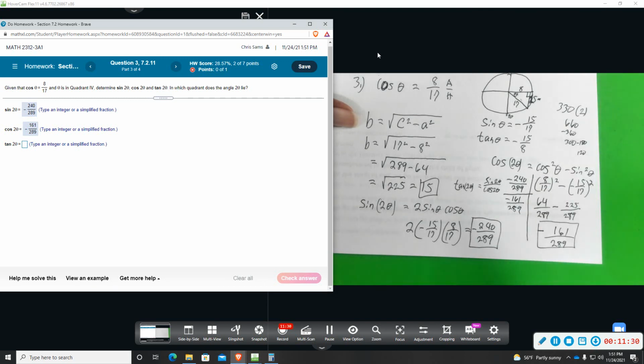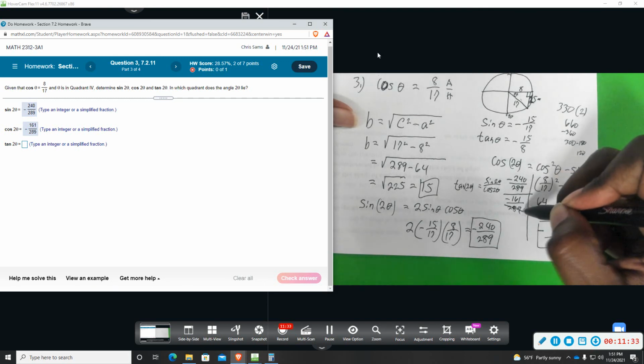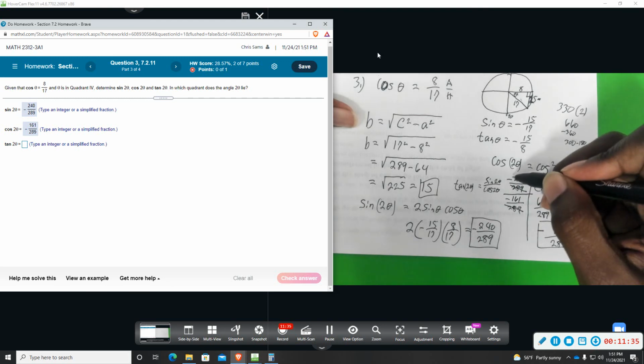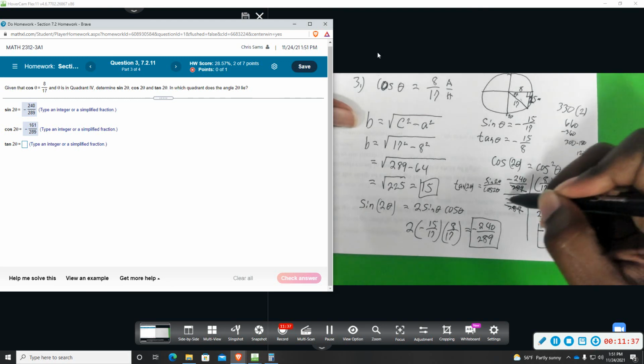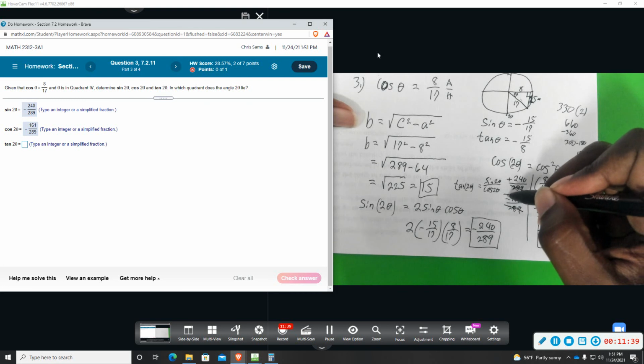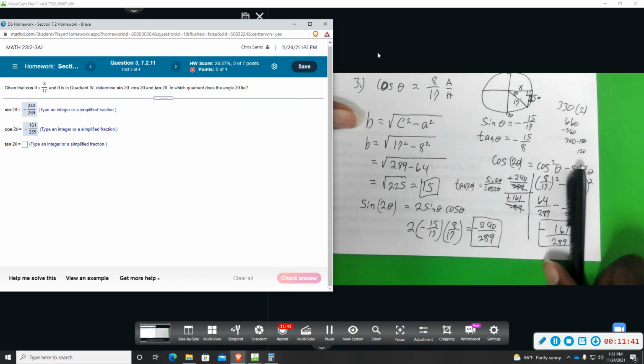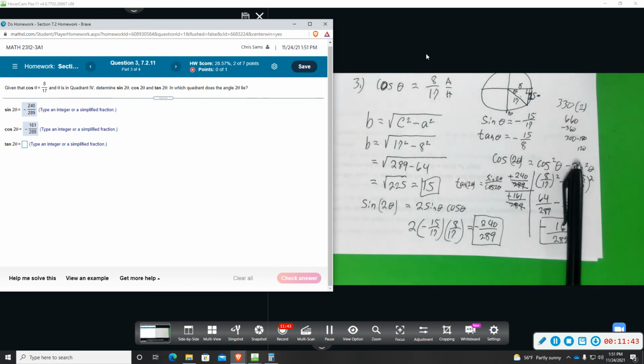So when you keep, change, flip, basically the bottoms divide out, and then you have this over this. So 240 over 161, negative divided by negative will be positive. So 240 over 161 is what you get for your tangent.